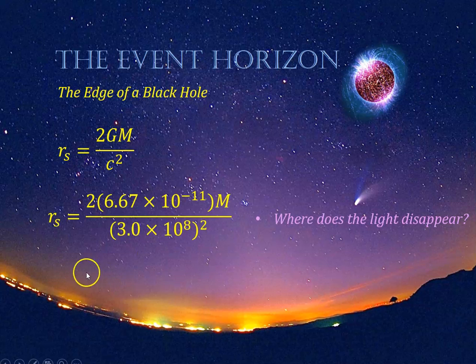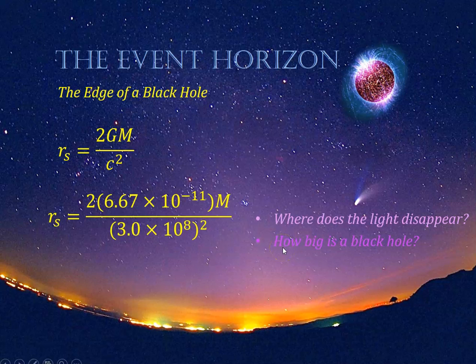That means to have an event horizon of 1 meter in radius, 2 meters in diameter, mass M would have to start at 10 to the 27th kilograms. Earth, by comparison, is only 10 to the 24th. So we're talking something 1,000 times bigger than the Earth, but less than 2 meters in diameter.